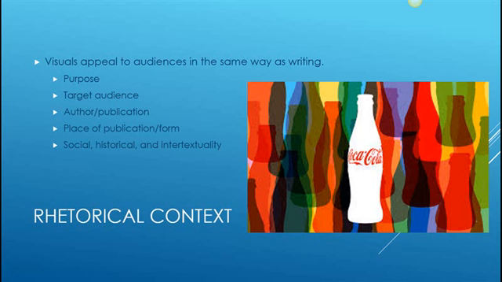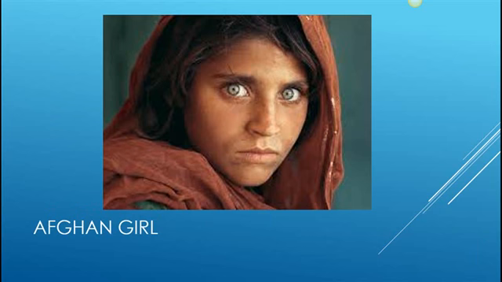How does it respond? How does it function within that conversation? Who is it responding to? Because we know lots of times that arguments don't simply happen in a vacuum. They happen in a conversation. And so who is a part of the conversation?